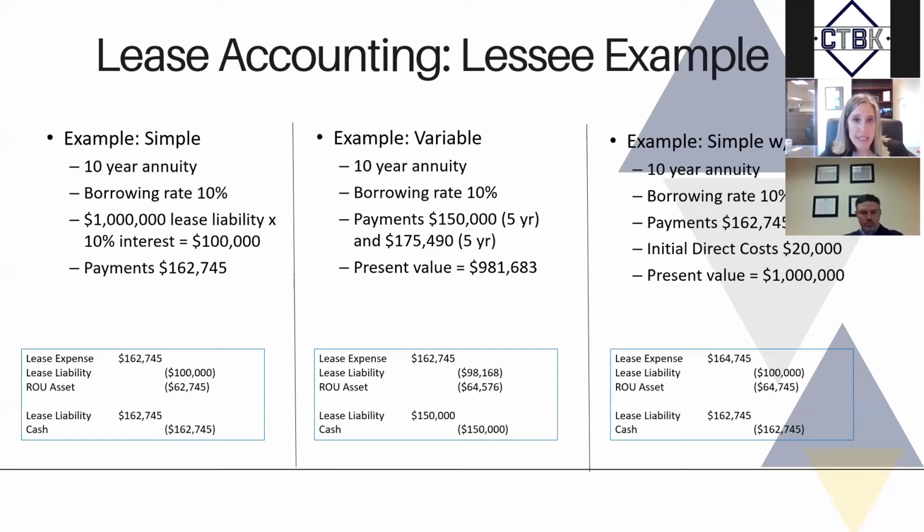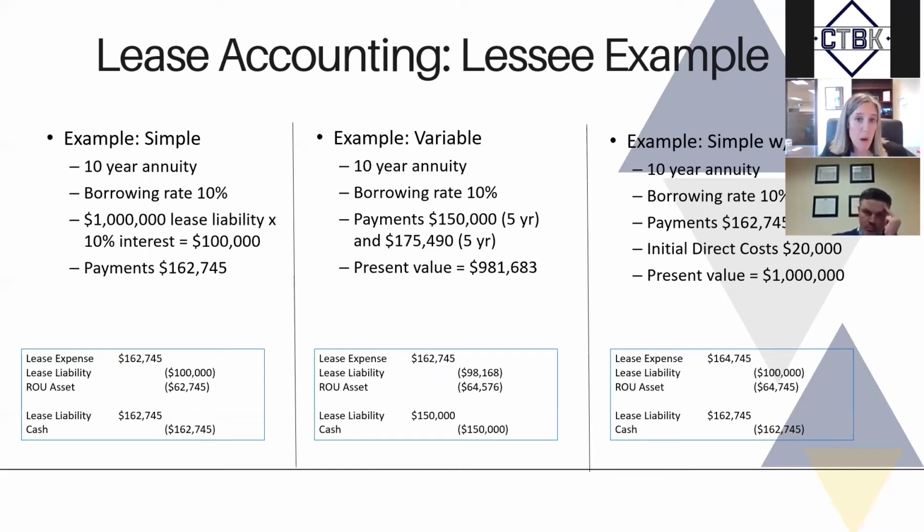In the middle example, now looking at my variable payment example, with the same terms as we just showed, my payments are variable, the first 5 years of $150,000 and the second 5 years of $175,490, but my lease expense has to be amortized on a straight-line basis. So my lease expense is $162,745. For my lease liability, remember the calculation is my lease liability times my interest rate.